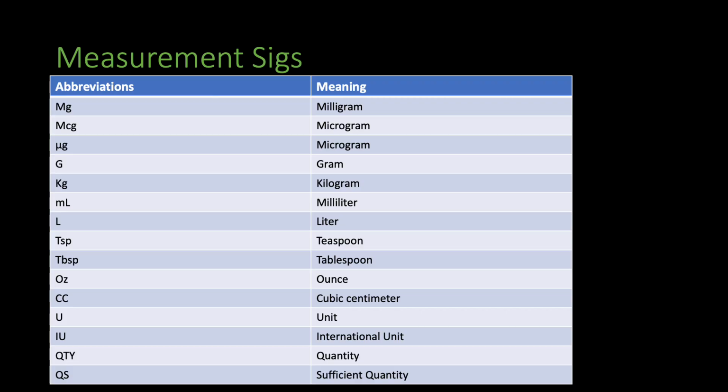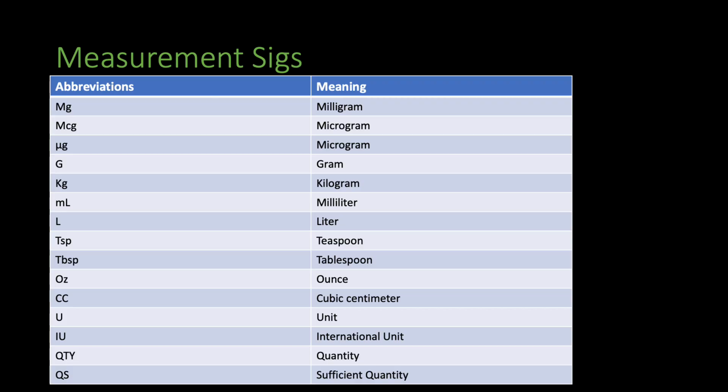Then you've got unit and international unit. I haven't really seen these as much as error-prone abbreviations. I think one of these is not recommended per the ISMP guidelines.